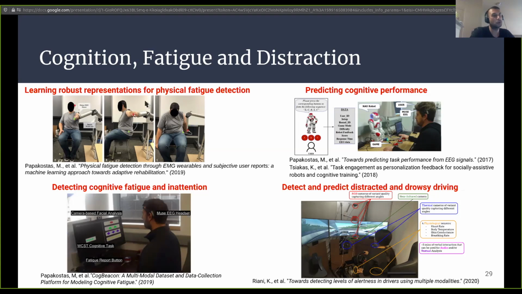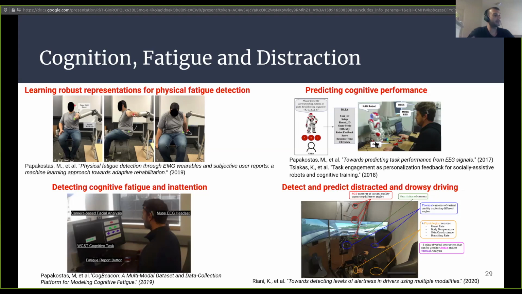We tried to use EEG signals as a feedback signal to either measure engagement of a specific user in a subject, or use these EEG signals as a feedback to predict future performance on a cognitive task.